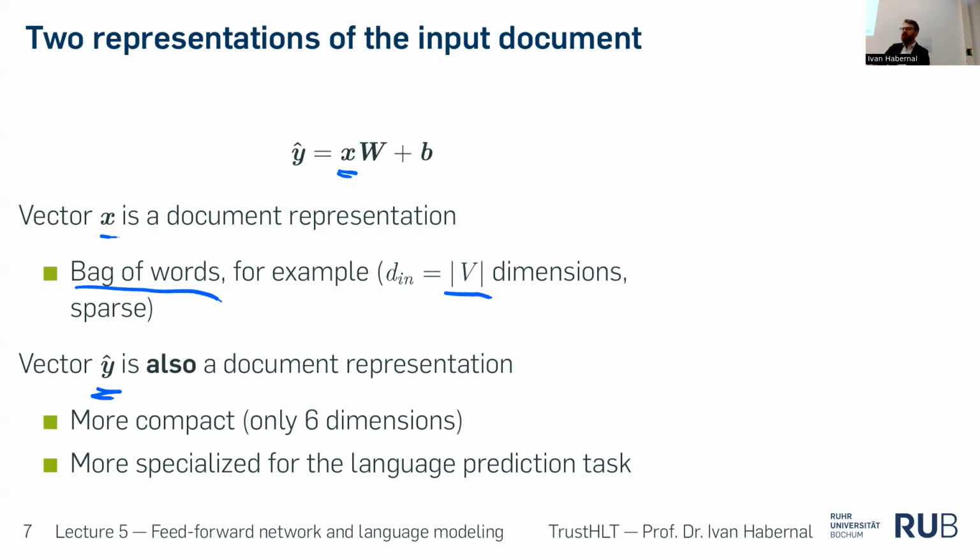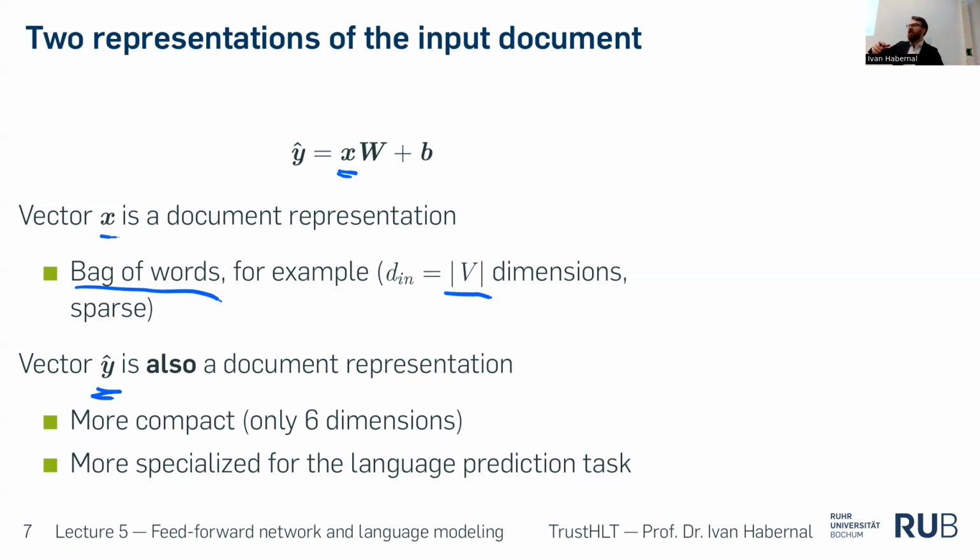While when we project it using our W, and we don't know where the W comes from yet, but let's say it's a projection into some smaller space of 6 languages, then we represent our document in the space of 6, which is now very specialized for the language prediction task, because we have these 6 different categories corresponding to languages. But it still does represent the document, right?